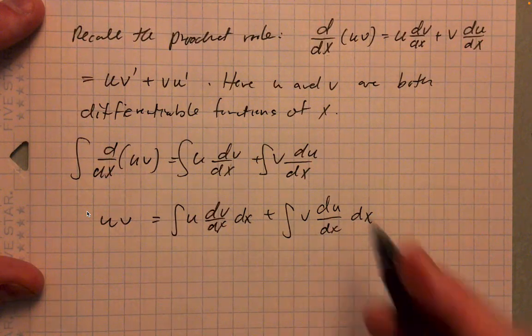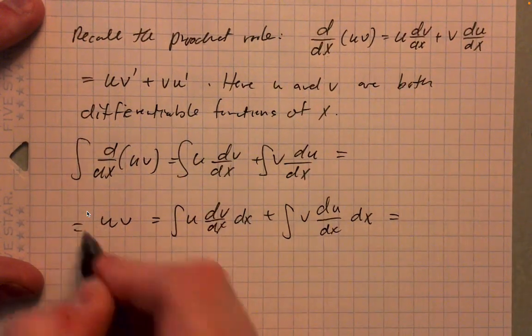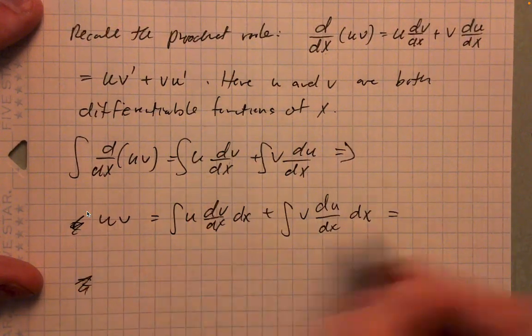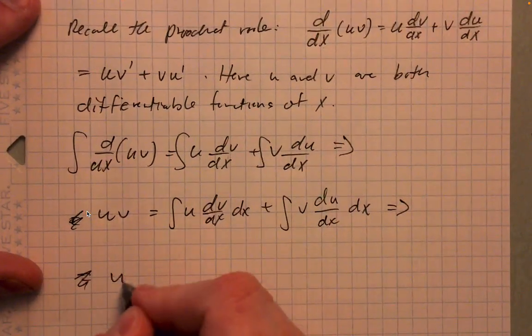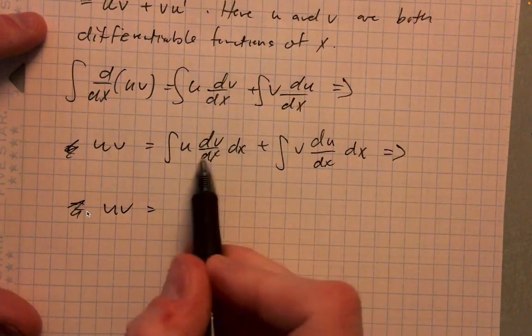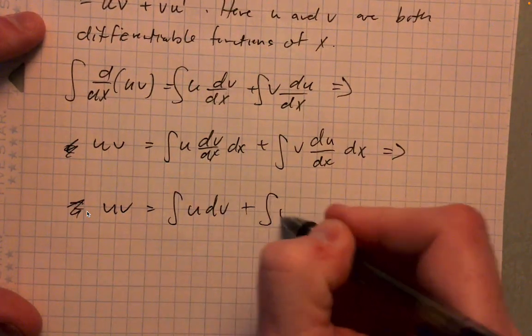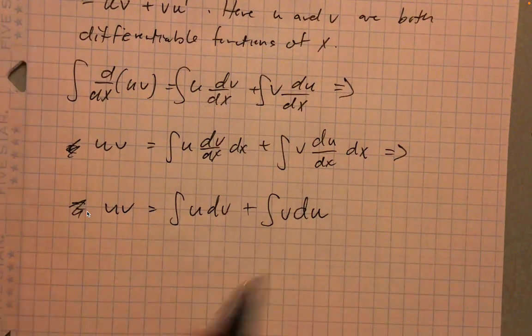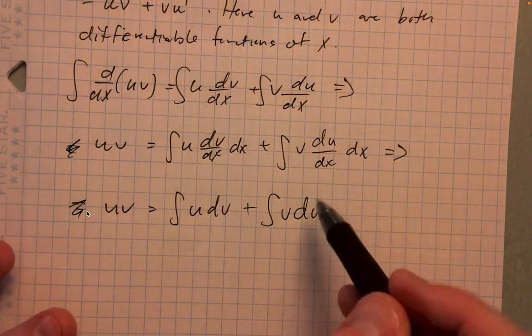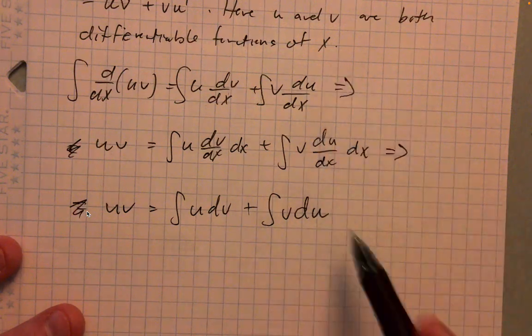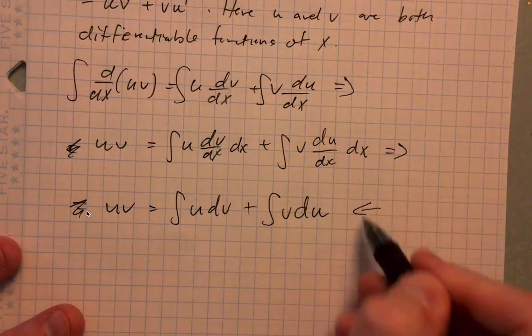So I've got uv equals, and this becomes the integral of u dv, and this becomes the integral of v du. If you start with the product rule and integrate everything with respect to x, this is what you end up with.